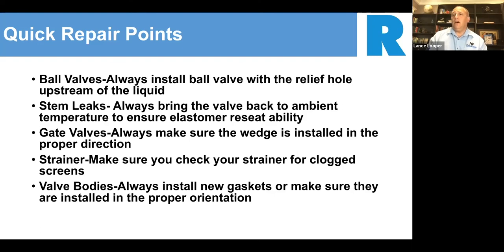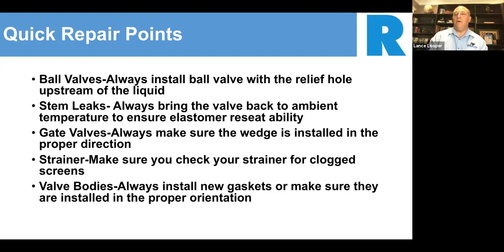Stem leaks always happen. I'm just going to give you a little rule of thumb. Stem leaks happen in valves quite often. The one key thing that people always make a mistake on is you have to bring that particular valve back to its ambient temperature. The reason for that is the elastomers at the top portion of that valve have a proper shape.